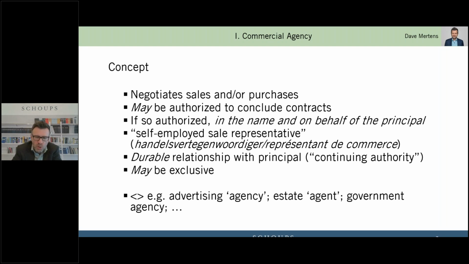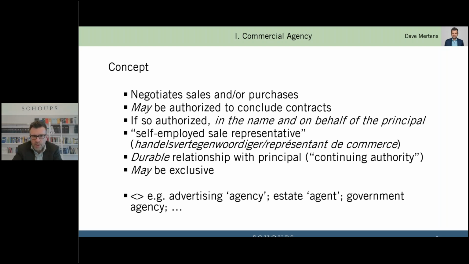Here, the threshold to qualify someone as a commercial agent is quite low. Perhaps you want this agent to proactively look for new customers, but that's not necessary. It's also not necessary for this agent to negotiate every detail of the contract.